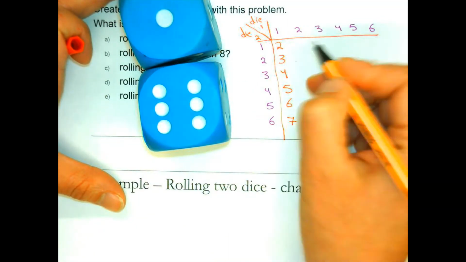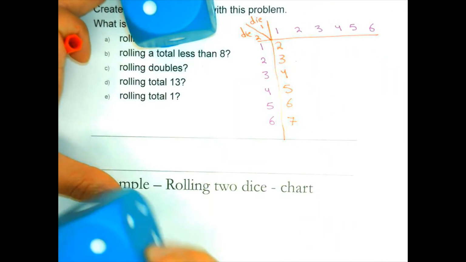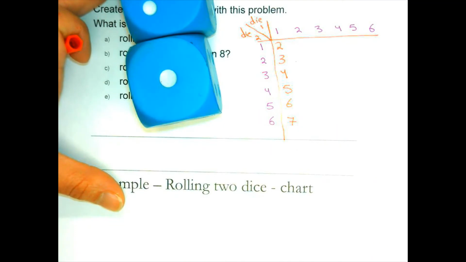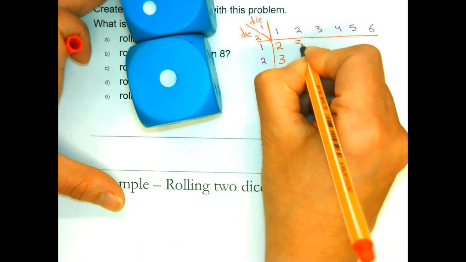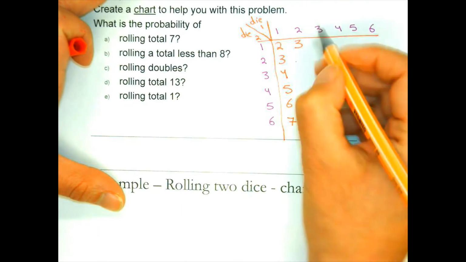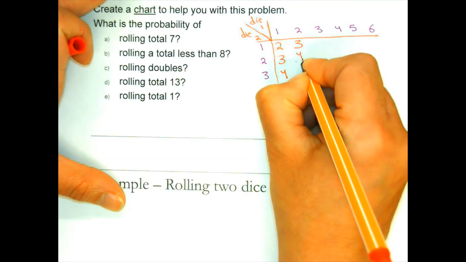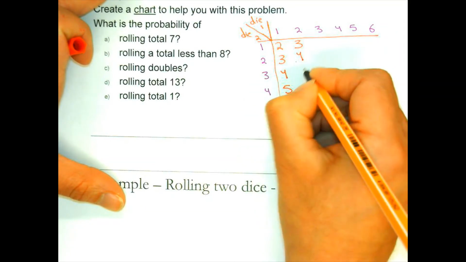Now, you also have a possibility to get a 2 on the first one and 1 on the second one. So that's gonna give you a 3. And we have to keep completing this chart. A 2 and a 2 will give you a 4. A 2 and a 3 will give you a 5.